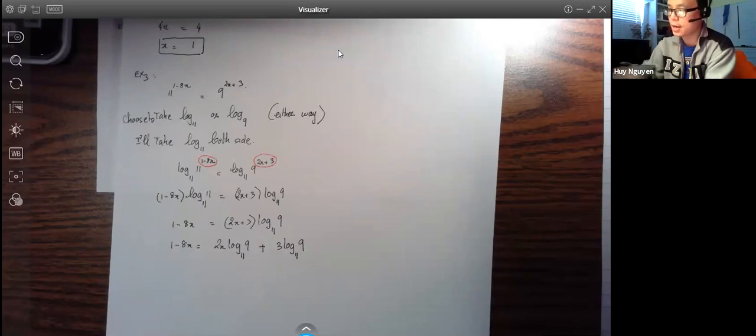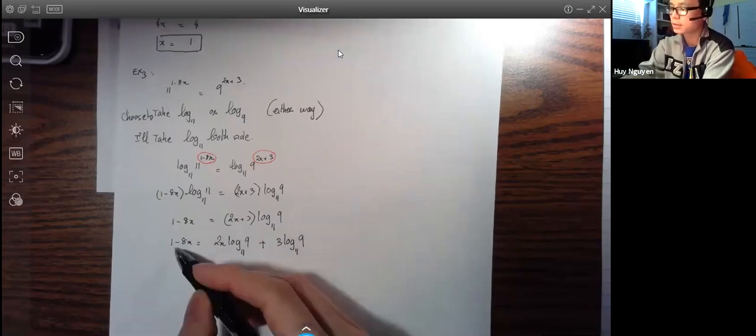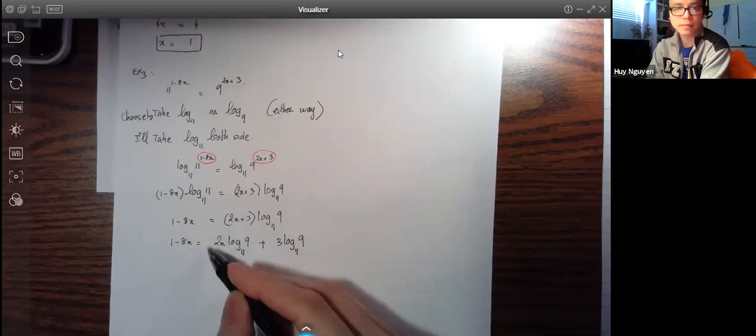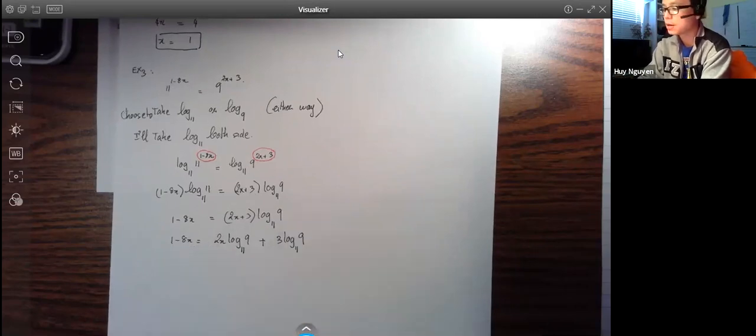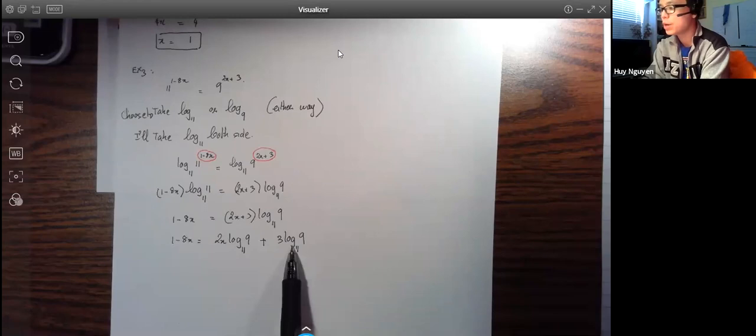Now you see that there are 4 terms. I'm going to combine all the terms with x together and the terms without x together.